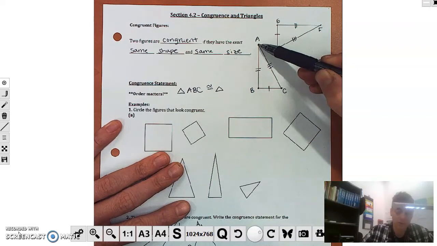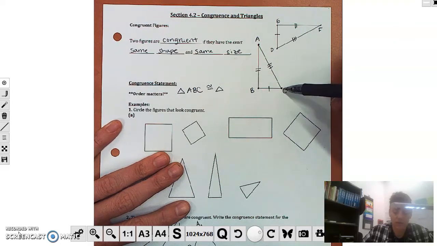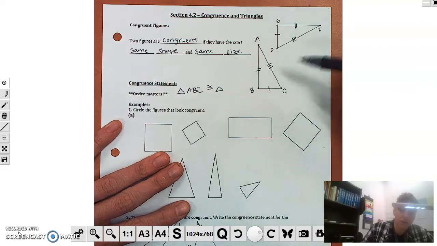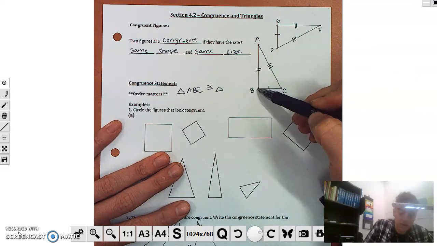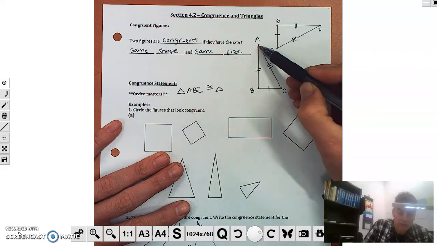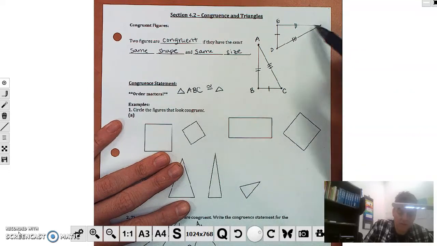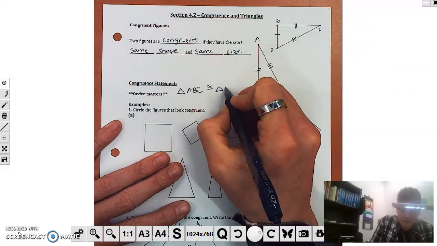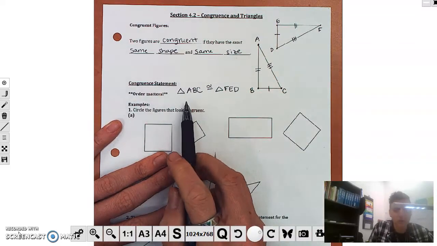So we went through the one with 2 hash marks first, and then through the one with 1 hash mark. So in our other triangle, the one with 2 hash marks, like AB, will be FE. So we went A, B, C. We're going to go F, E, D. This is our congruence statement in which the congruent parts match up.